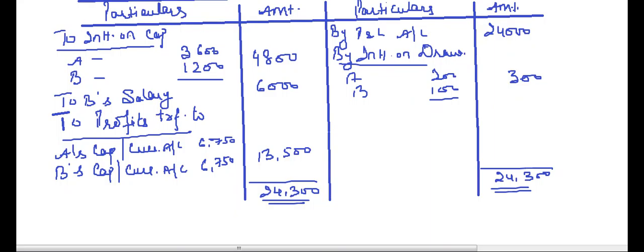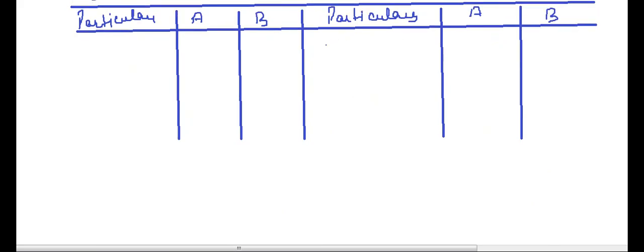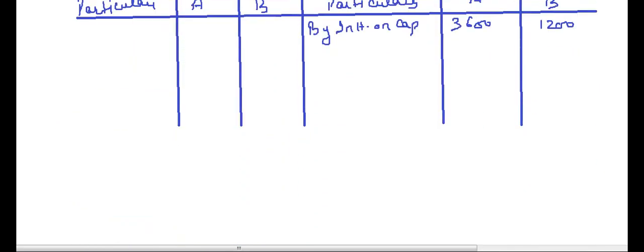Let's see the first transaction, that is interest on capital. A's capital is 3600 and B's is 1200. Now we will transfer this interest on capital on the credit side because it is an income for the partner. We'll say by interest on capital. For A it is 3600 and for B it is 1200. Any other income for the partner? Yes, salary.